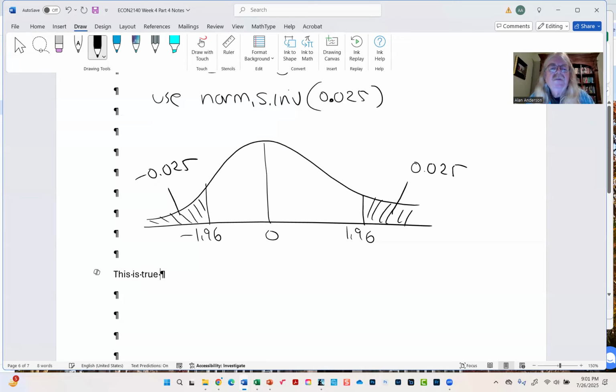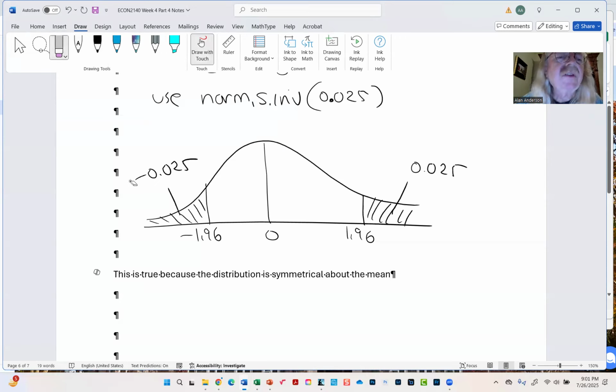This is true because the distribution is symmetrical about the mean. So that's why positive 1.96 and negative 1.96 are the same. Oh, I just realized I put a negative here. This area is not negative, sorry. This is 0.025 and 0.025. It's the same area, but the z-scores are positive 1.96 and negative 1.96.